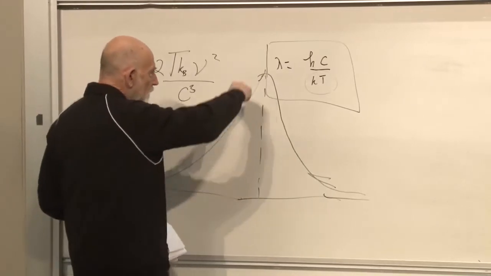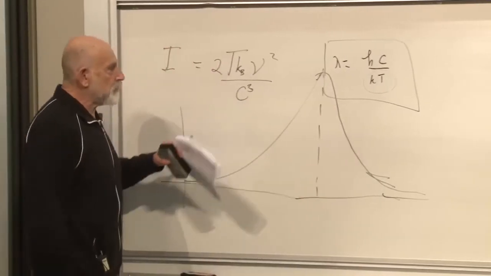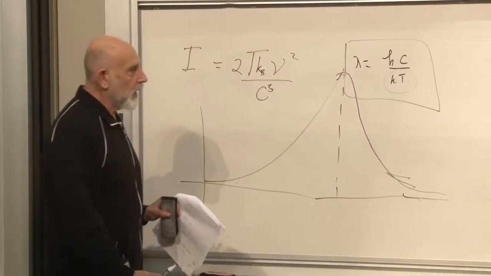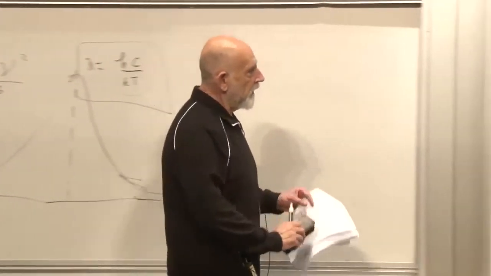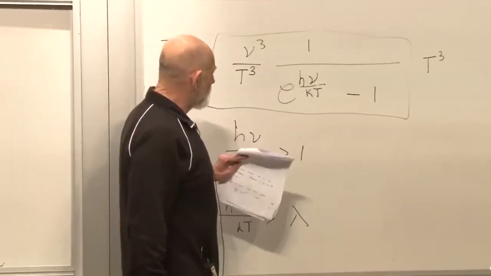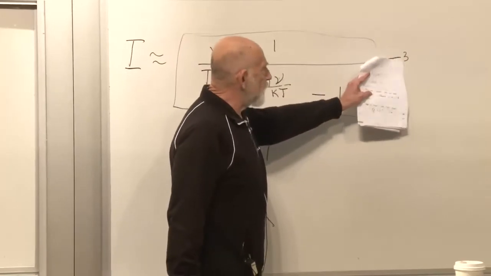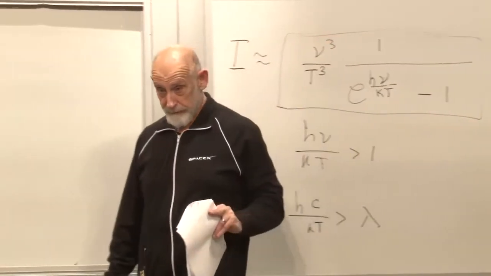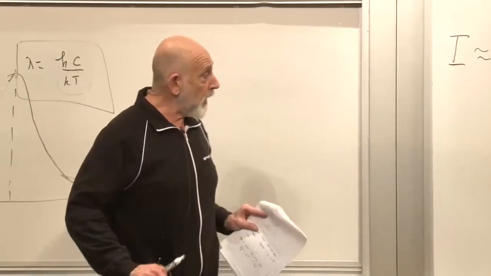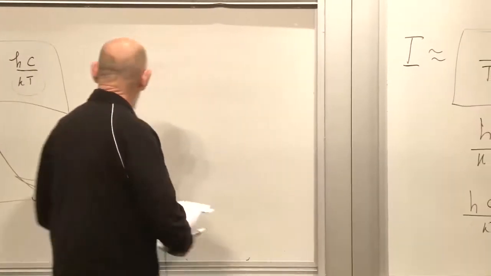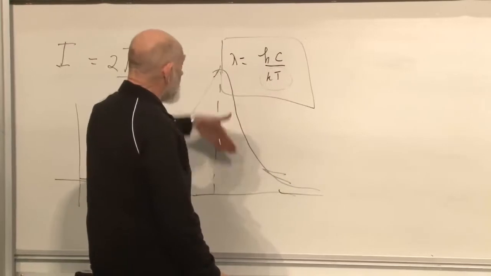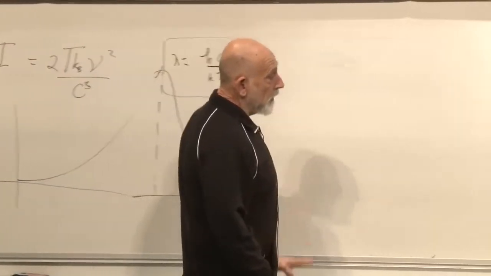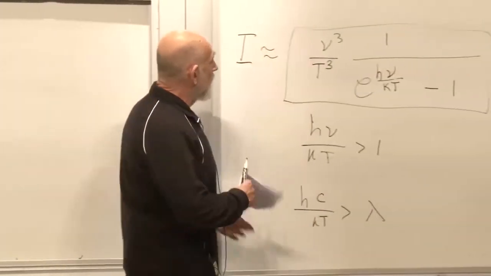I'm interested for the moment only in the shape of this particular curve. And the shape of the curve, as a function of nu, is not influenced by whether I do or don't multiply by T cubed here. Multiplying by T cubed simply changes the overall normalization height of the curve, but it doesn't change its shape.